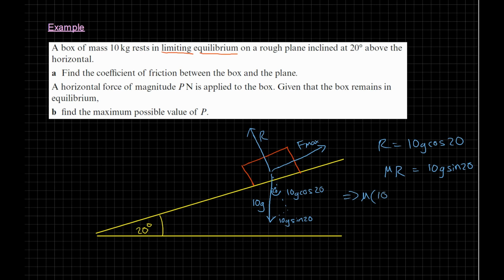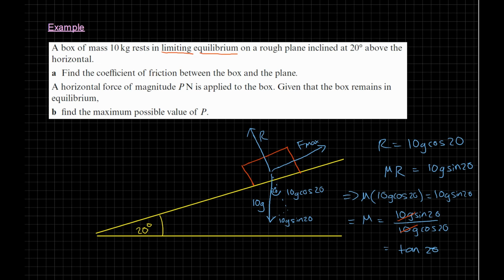Mu times 10G cos 20 is equal to 10G sine 20. What's nice about this is that mu is the same as 10G sine 20 divided by 10G cos 20, and quite obviously the 10G and the 10G cancel, so I just have sine 20 over cos 20, which is what? Tan 20, and that's it.